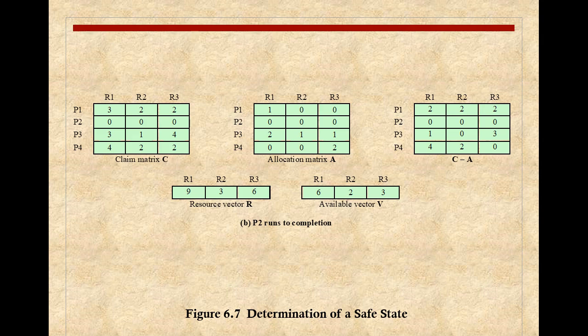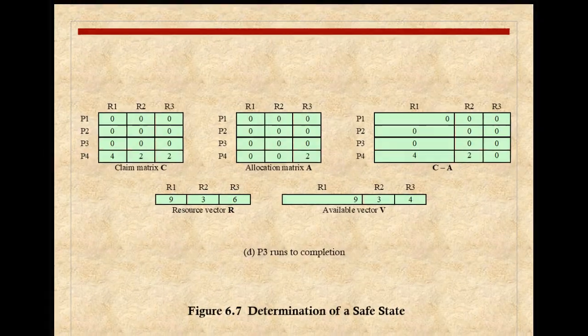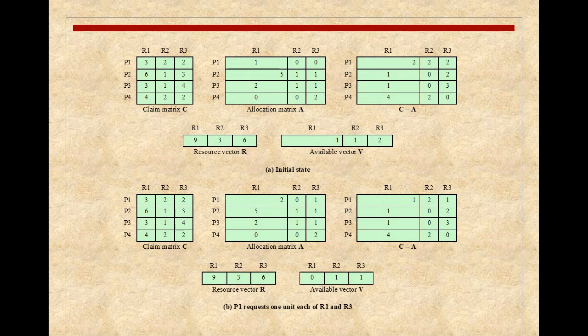So we can complete P1. When we do that, again the resources become available. Similarly we can run P3, and we have the available resources. At the end we can easily accommodate P4 in this case.